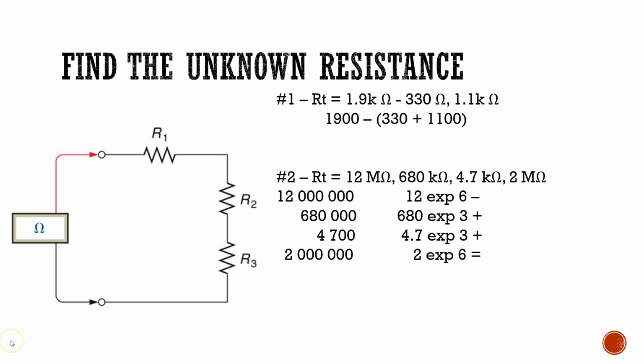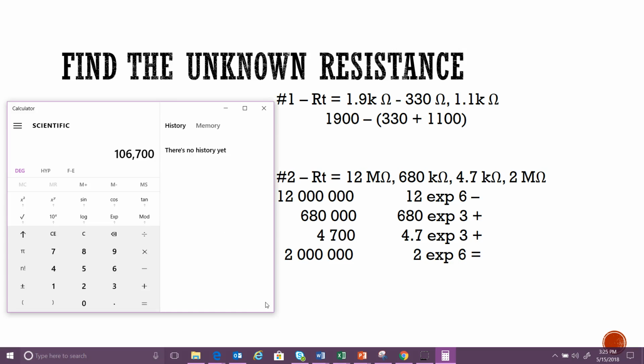Here's an example where we want to practice using our exponent. Okay, so we have 12 meg is the RT, so we take 12 to the 6, and then we subtract out the knowns.